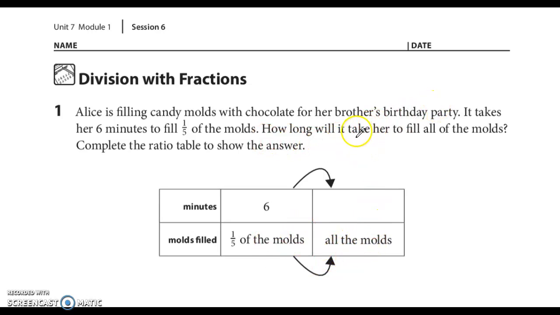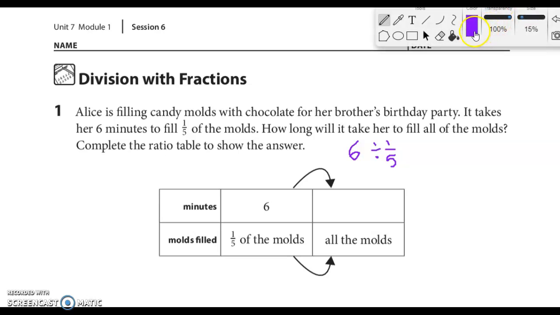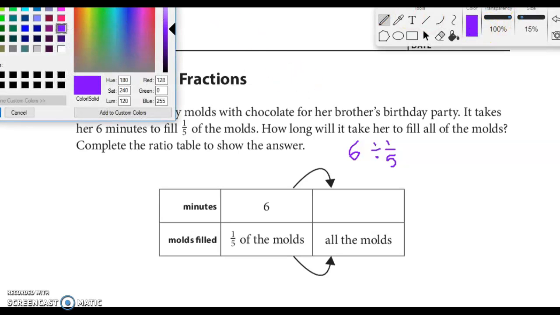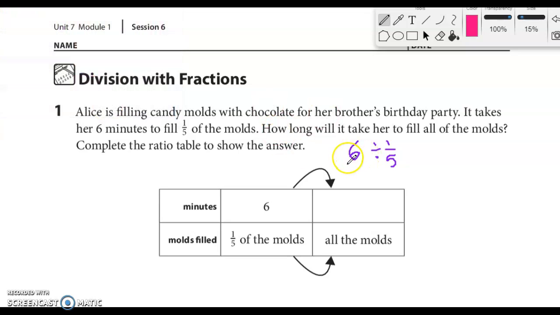So this problem up here, you were taking 6 minutes and you were dividing it by 1/5. And so the standard way is you're going to keep your first number. So the number 6 is going to stay the same.